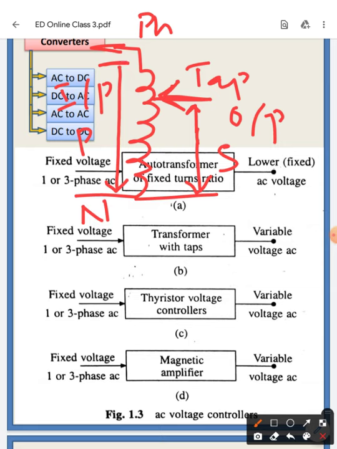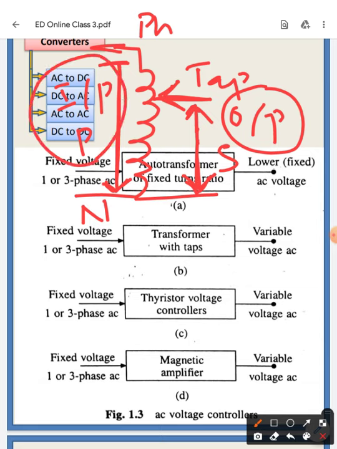The number of primary turns is more, and if you take only this part, the number of secondary turns is less as compared to the primary. That's why the output voltage is always less than the input voltage if the tap is here.